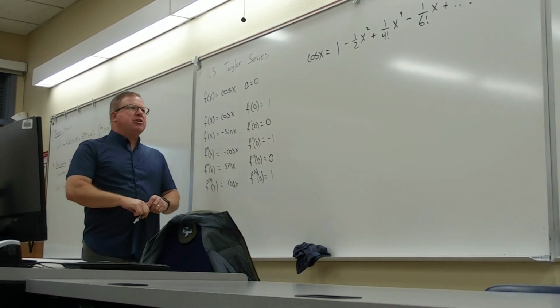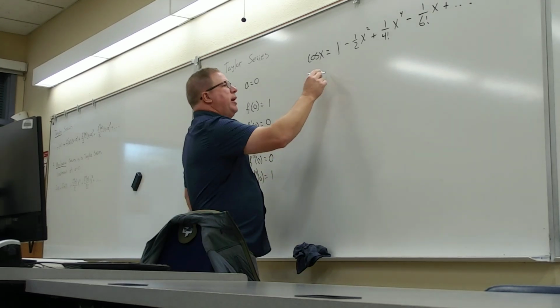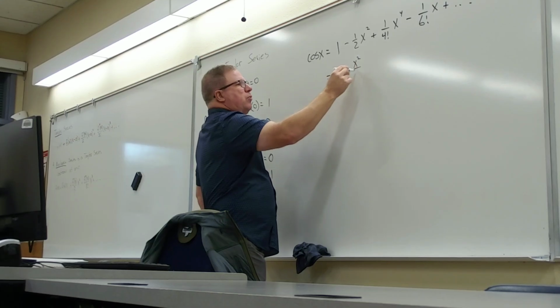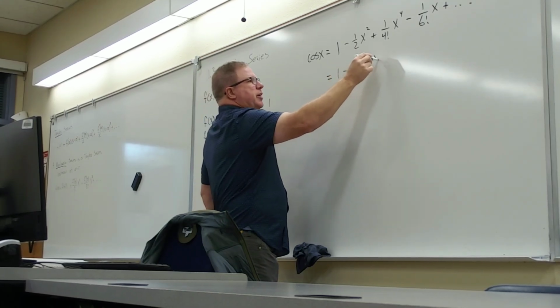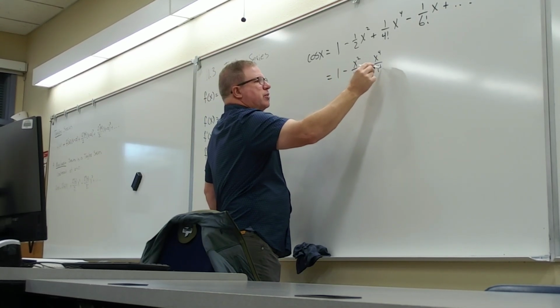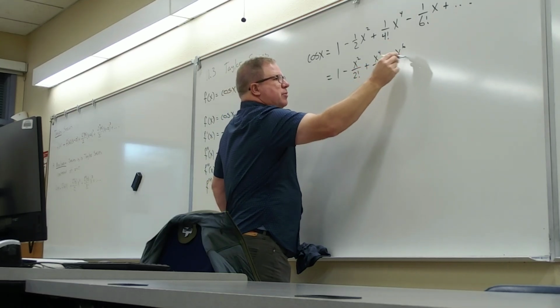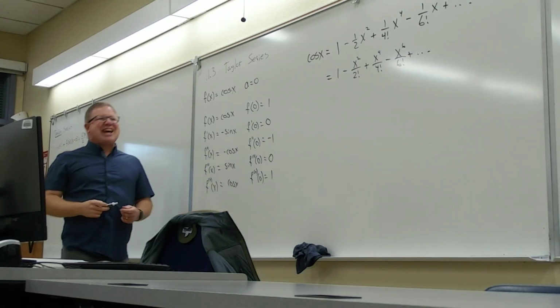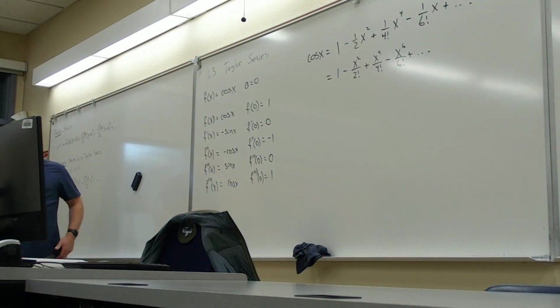These are more commonly written as 1 minus x squared over 2 factorial plus x to the 4th over 4 factorial minus x to the 6th over 6 factorial plus dot, dot, dot. They're more commonly written that way rather than having the fractions in front, the 1/2, the 1/4 factorial, and so on. That's how it's most commonly written.